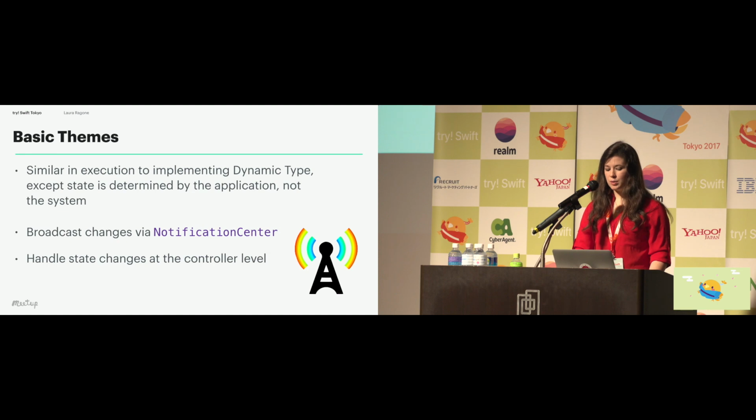When the user performs an action, initiating a change in the app's appearance, this information must be communicated to all views requiring an update. As this information is of interest to an unclear number of recipients, we should emit this message using Notification Center. Interested parties should then respond to this information at the controller level.